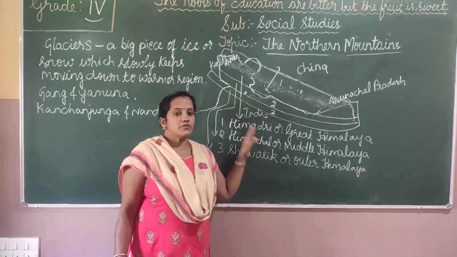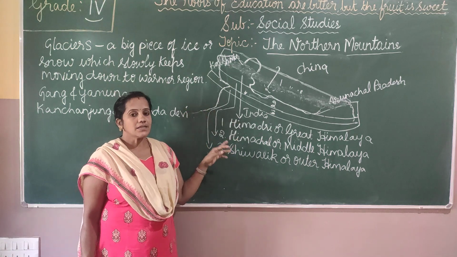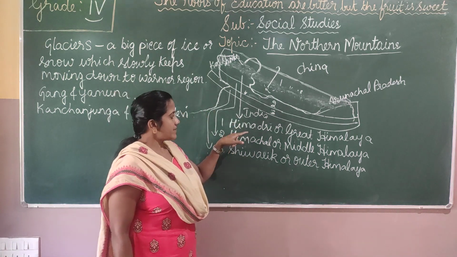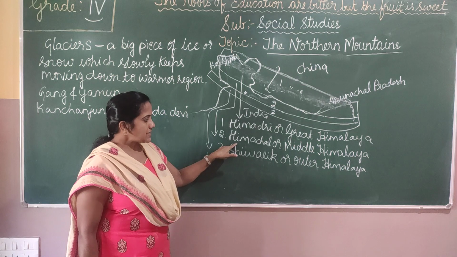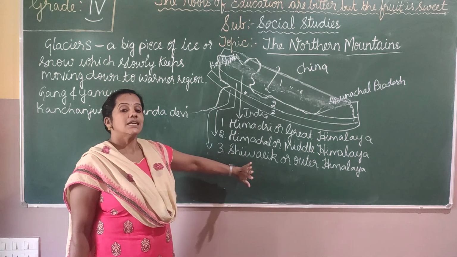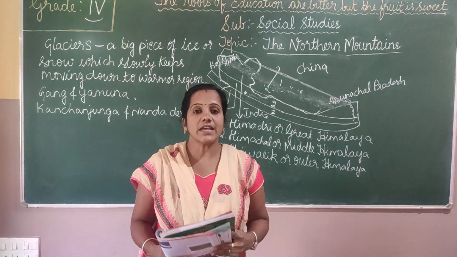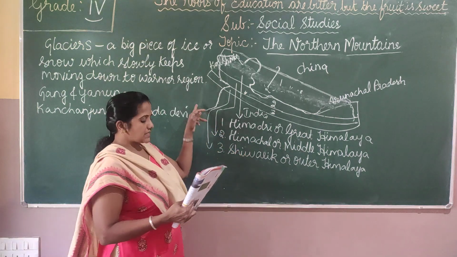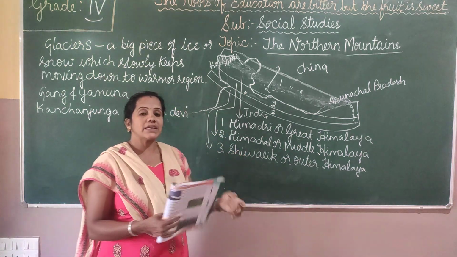As I told you before, these Himalayas have three parallel ranges: Himadri, Himachal, and Shivalik. Glaciers originate from these mountains. So what do we mean by glaciers?